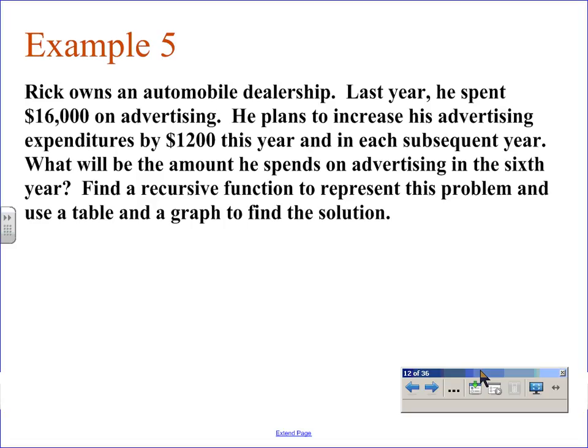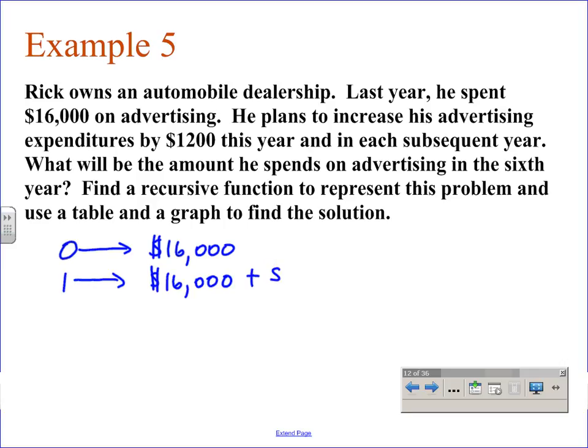And so we do that very much like we did the last problem. So let's start out. We know that year 0, which would be this year, he's spending $16,000. Year 1, he's going to move that up because he's going to spend an additional $1,200. And this is going to continue for the next several years.